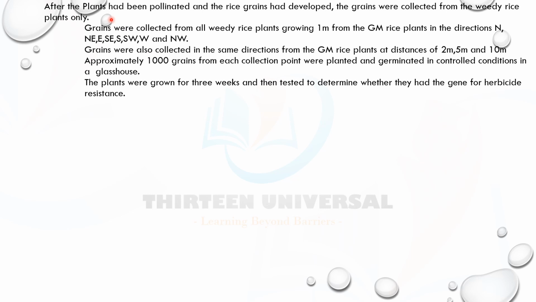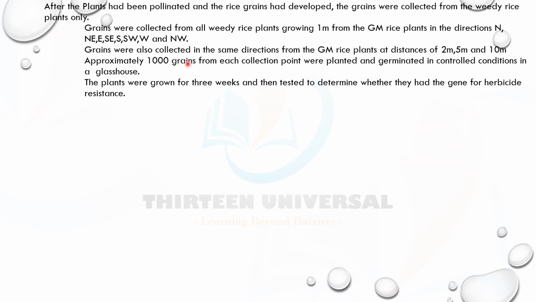Now, after the plants had been pollinated and the rice grains had developed, the grains were collected from the weedy rice plants only. Grains were collected from all weedy rice plants growing 1 meter from the GM rice plant in the directions north, northeast, east, southeast, all of these directions. Grains were also collected in the same directions at the other distances.